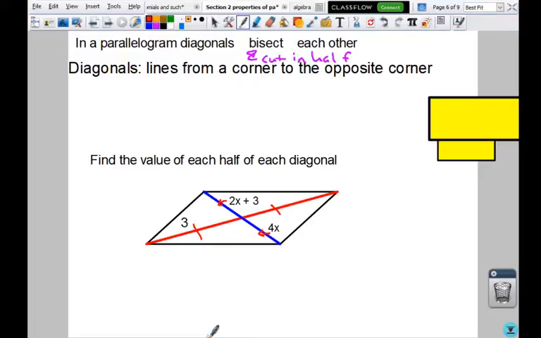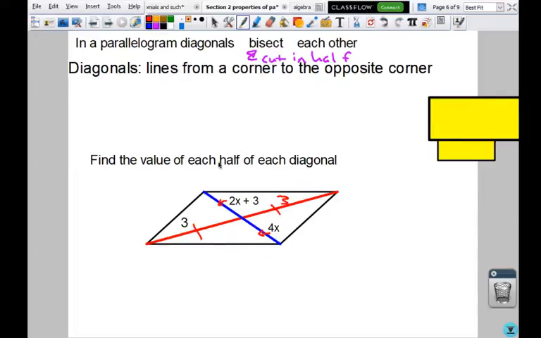It's just measuring the line. So the red diagonal's left side is 3, so is the right side, because they cut each other in half. And same thing with the blue one.